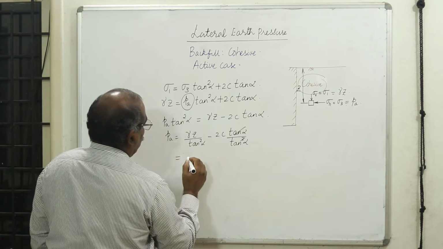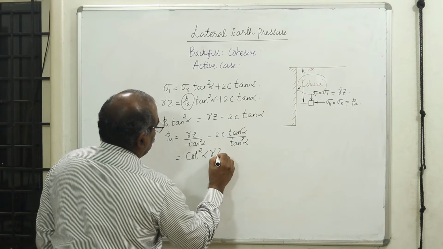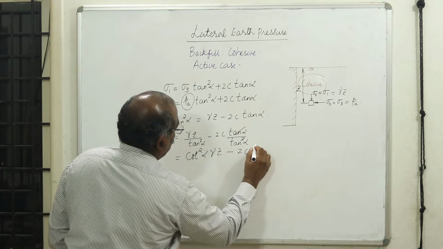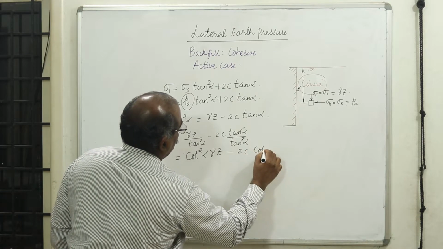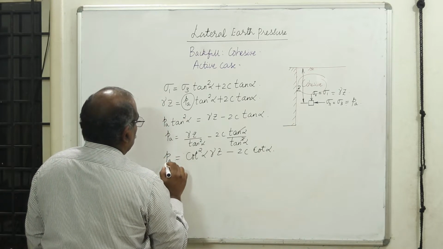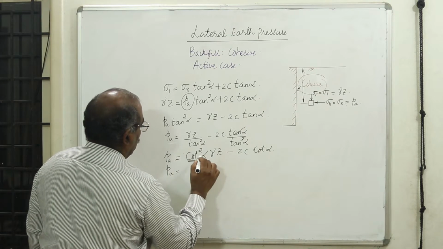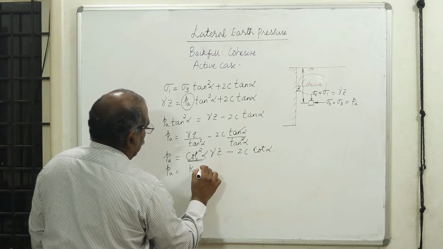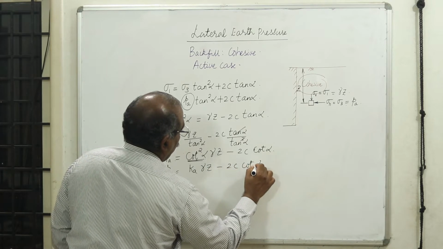When you take tan square alpha to the denominator, it becomes cot square alpha into gamma z minus 2c cot alpha. Cot square alpha is equal to Ka, so PA is Ka gamma z minus 2c cot alpha.